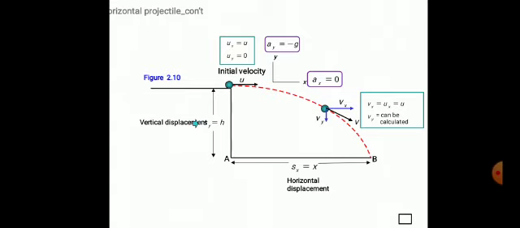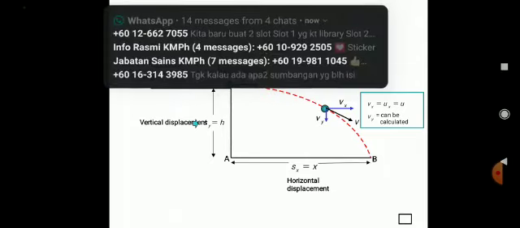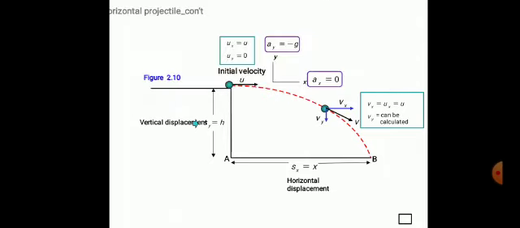Okay, the second part is the velocity for the x component. Starting from the initial position, the velocity is written as u. This is the maximum velocity u. As it follows the parabolic path, all these velocities along the x component are constant, the same as in normal projectile motion.